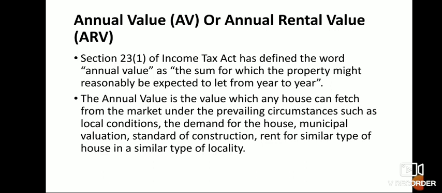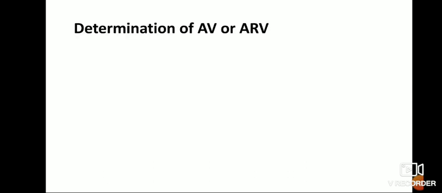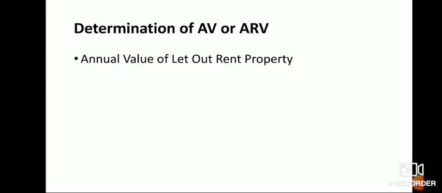In simple words, it is the expected cost of rent for a let out property in a particular locality. How do we find out annual value or annual rental value? A house property can be of two types.